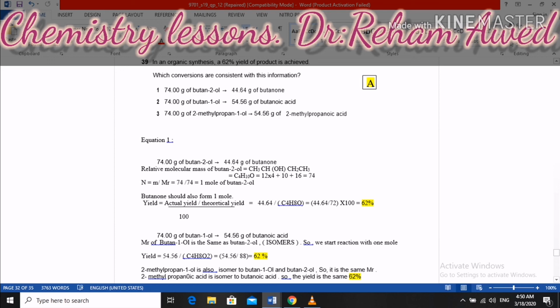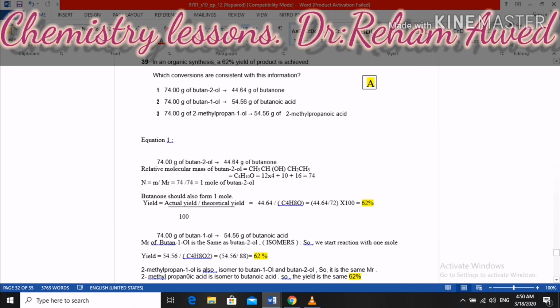The number of moles of butanone that should be formed is 1 mole. The relative molecular mass of butanone is 72. So 44.64 divided by 72 times 100 equals 62.